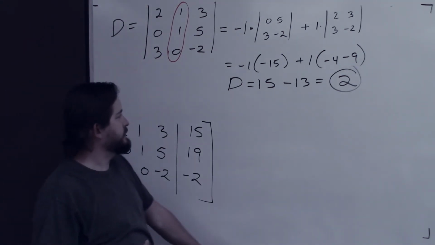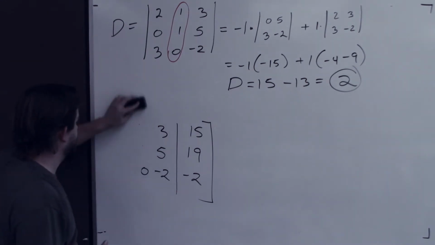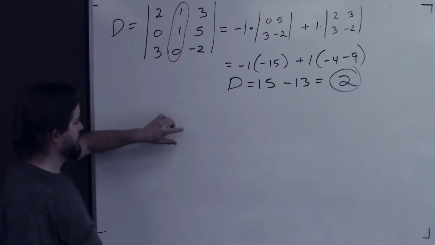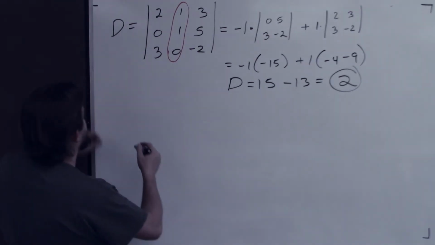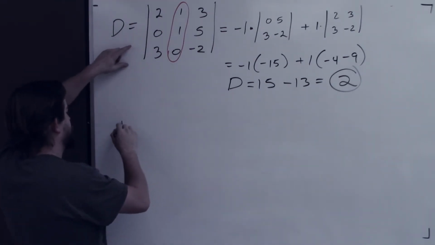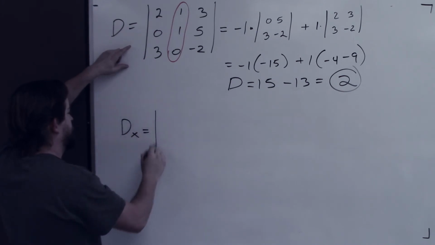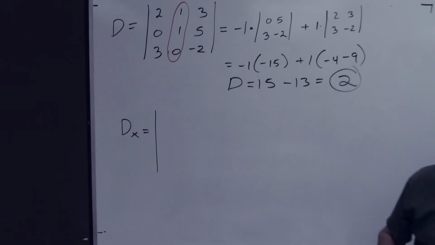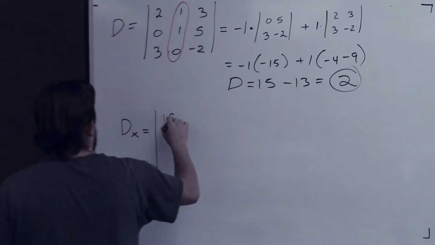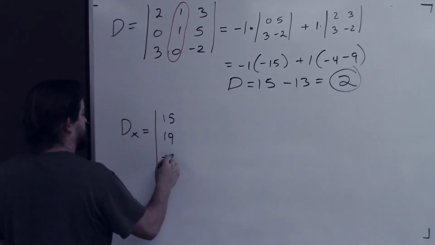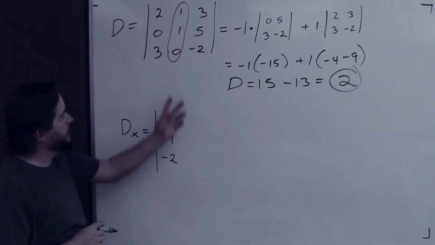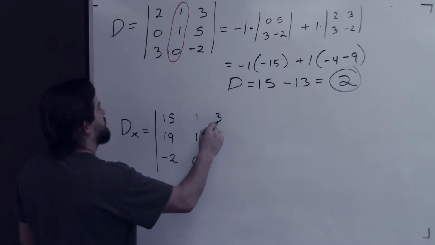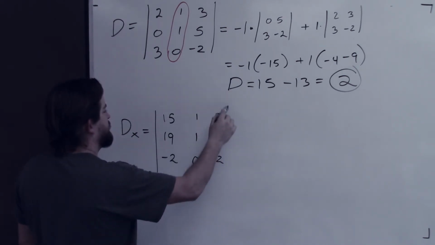Now the Dx is simply taking the determinant of that system that I just erased. My numbers I need, 15, 9, and -2, I think, and replacing my x with them. And then everything else here stays the same. 1, 1, 0, 3, 5, -2.